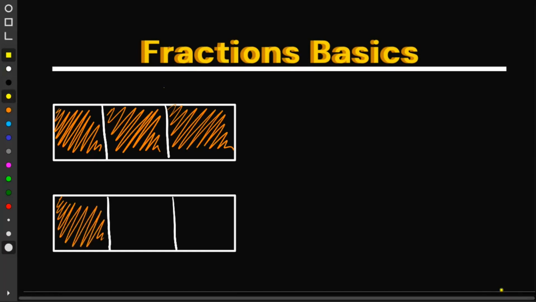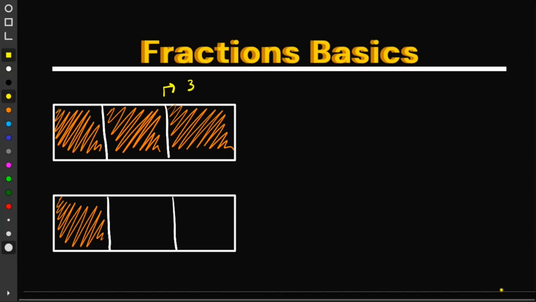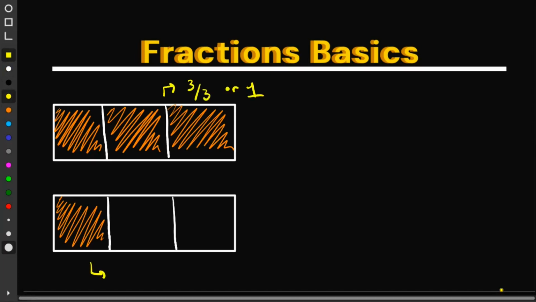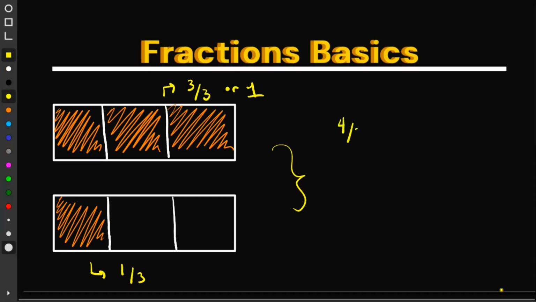So again, this one is represented by 3 over 3 or 1, and this one is represented by 1/3. So we can represent these two as 4 over 3 or 1 and 1/3.